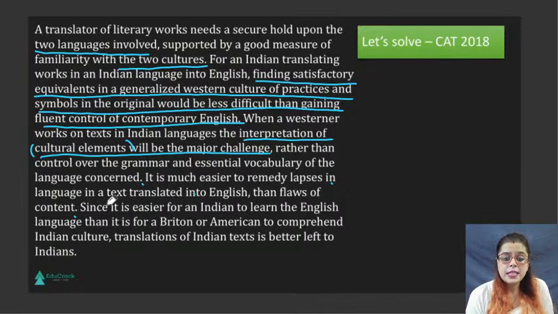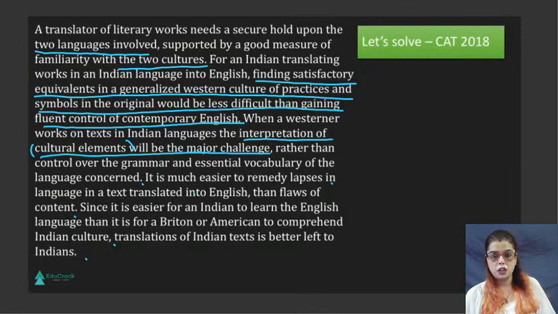Since it is easier for an Indian to learn the English language than it is for a Briton or American to comprehend Indian culture, translation of Indian texts is better left to Indians. What it is trying to say is, you can learn a language easily, but the culture may be an issue. So learning a language is not very difficult, right? If I'm an Indian and if I'm translating something into English, I can understand the language English.